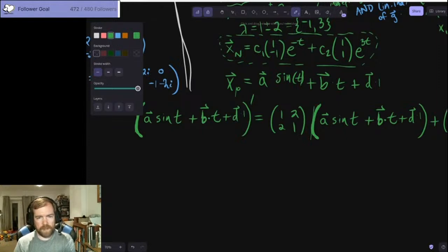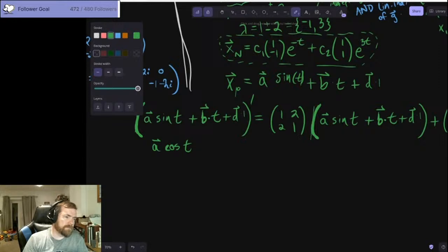Okay, a sine of t is going to be a cosine of t. Oh, is that another thing? I may also need to include a cosine of t in the original g. Yeah, I do. Alright.